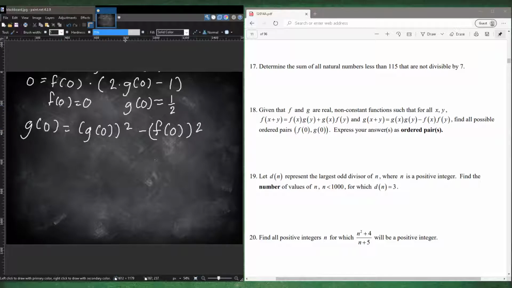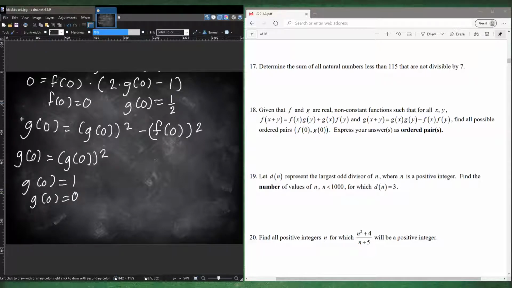Now, if f of 0 is 0, then this part is 0, then minus 0 is nothing. So you have g of 0 equals g of 0 squared. And the only numbers that ever make this true is if g of 0 is equal to 1 or g of 0 is equal to 0.